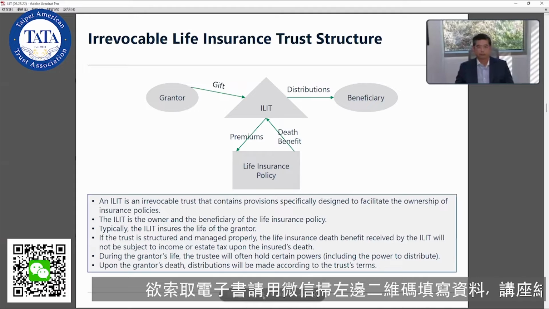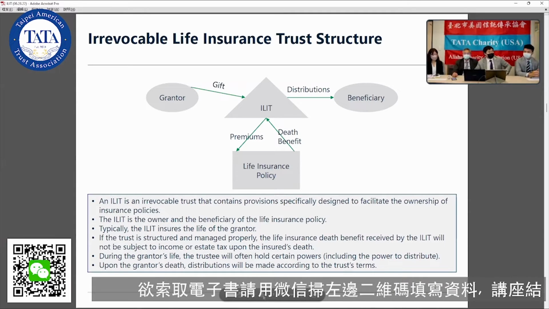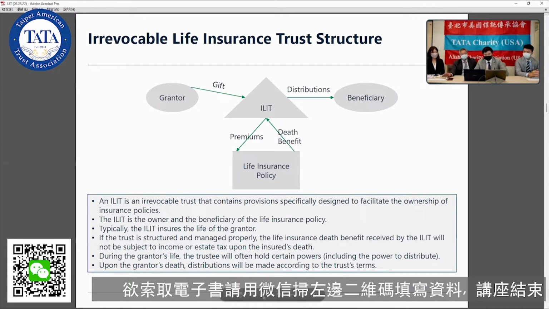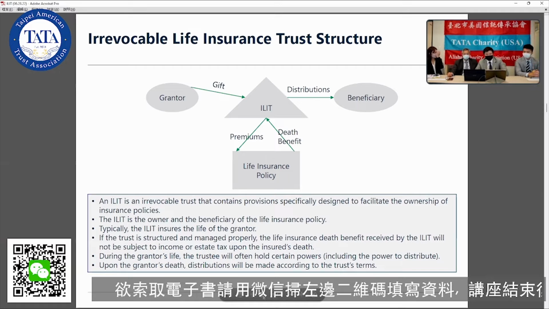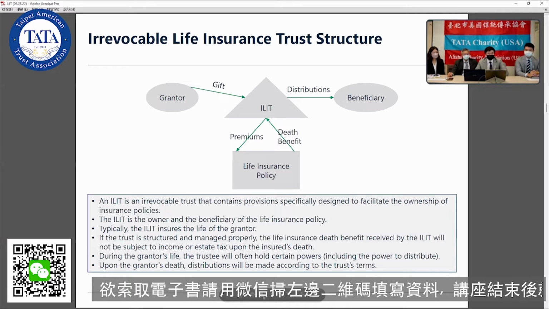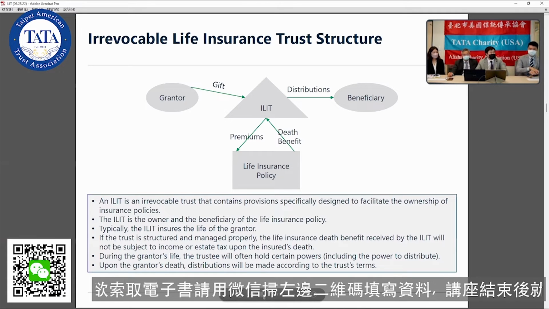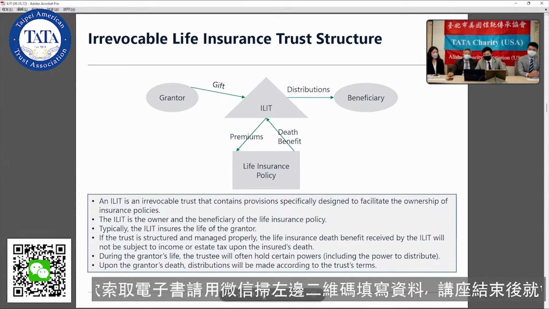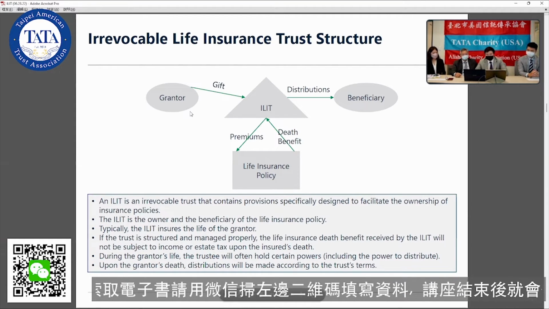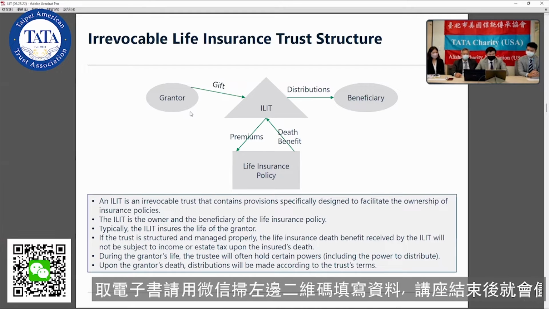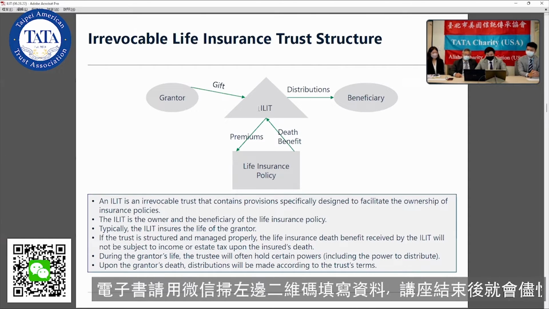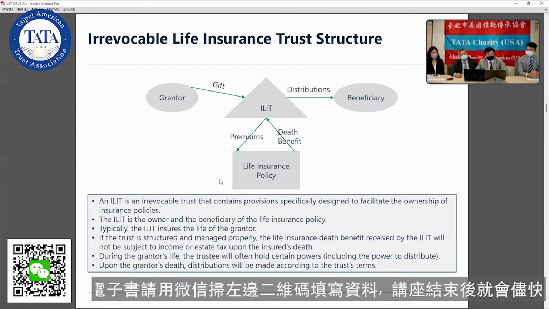And going into this slide, Tony, you can feel free to chip in as well. We're going to go into the very basic irrevocable life insurance trust structure. And then I'll talk a little bit about how this can be enhanced for families that want to transition wealth to multiple generations instead of just the first generation. Typically, the grantor makes one gift or multiple gifts of cash or other assets to an ILIT, usually cash, so that the ILIT can then pay the premium to purchase the life insurance policy.